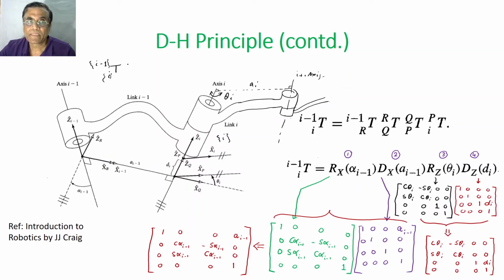We need to figure this out. How? By superimposing, and in that process whatever transformation is required, we will do. So what we will have to do first is bring this origin, translate in the direction of z by an amount di.